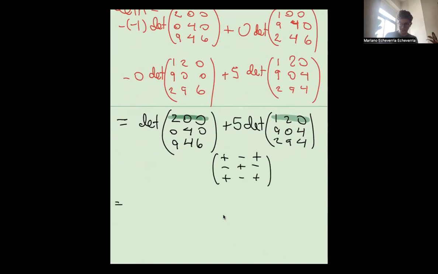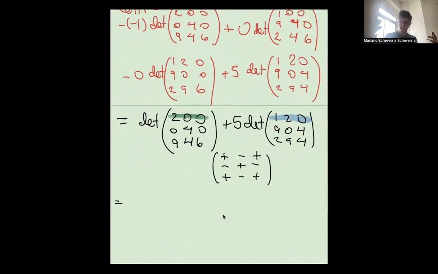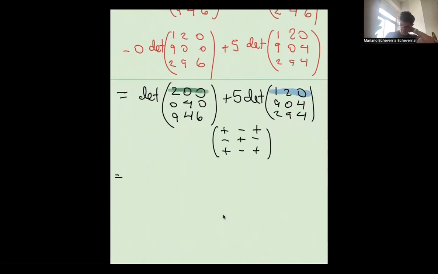Let's put it with different colors. I'll use green for the first matrix stuff, and I'll use blue for the second one. So you can put 2, the determinant of what? 4, 0, 4, 6. Again, not that you have to put this one, but I'll put them because we're doing it the first time.